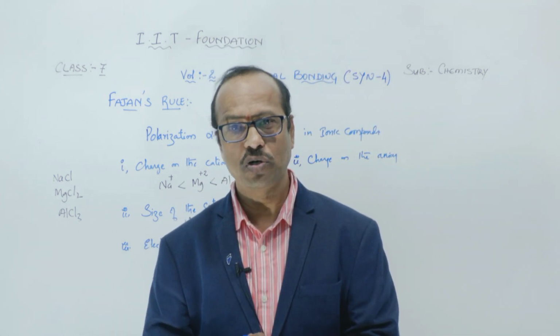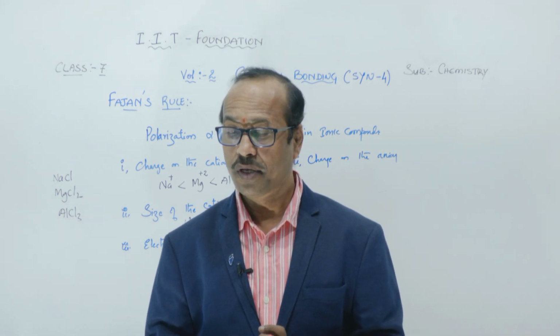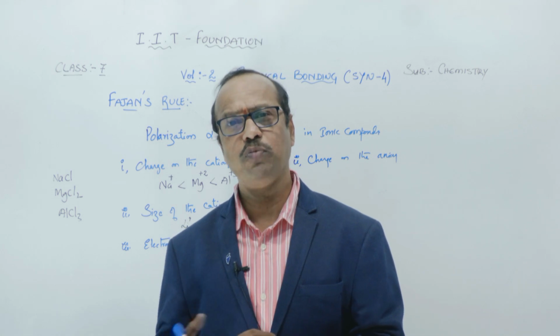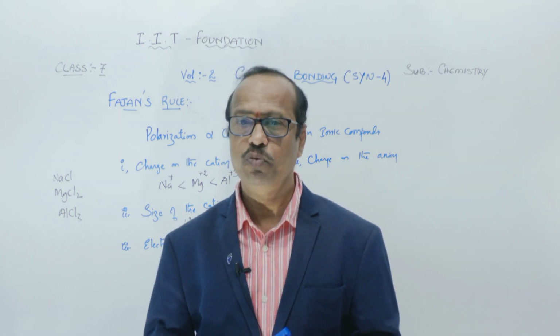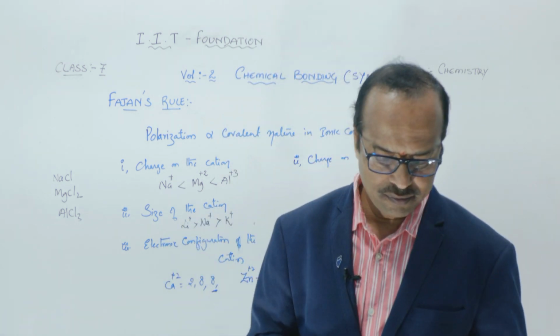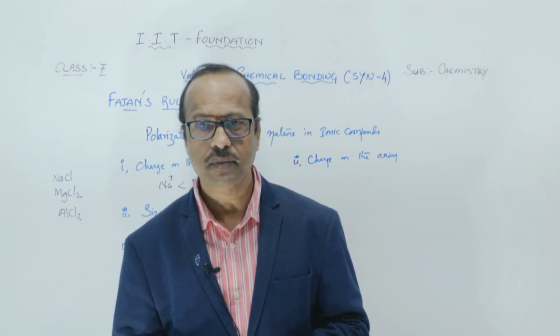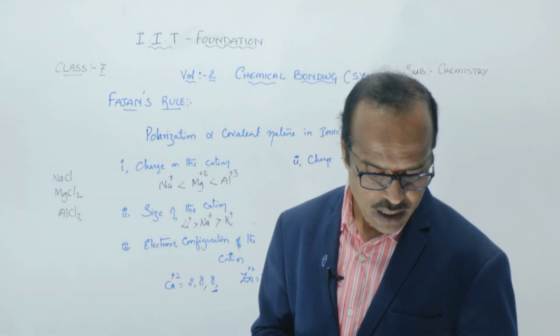The main Fajans' rule concept is that if two compounds are given, if they ask you which is more ionic or which is more covalent, we can predict which is more covalent and which is more ionic. So that is the most important application of the Fajans' rule, right?